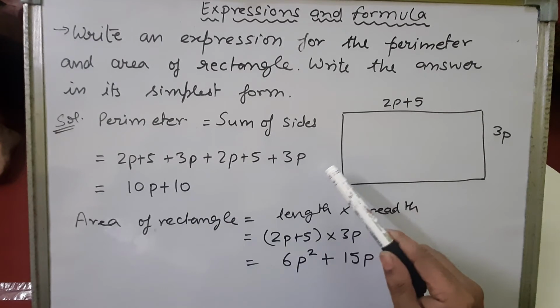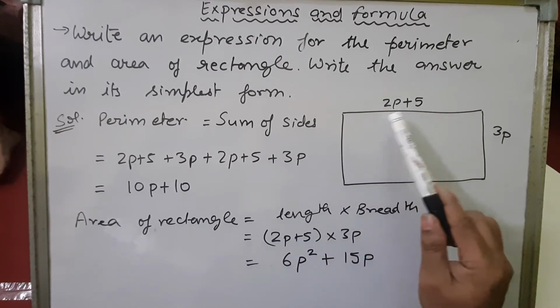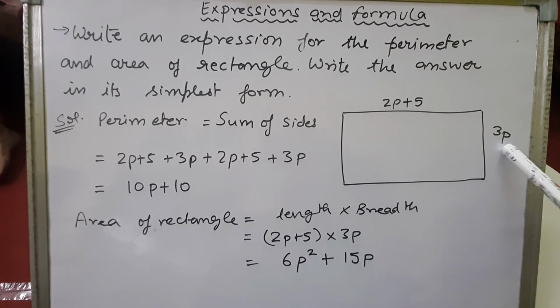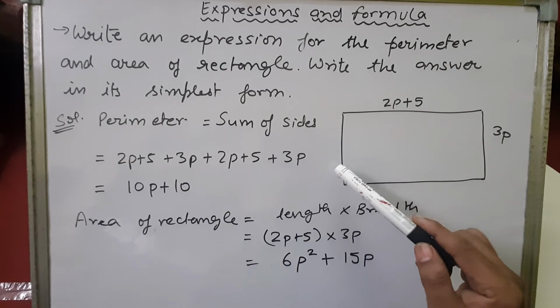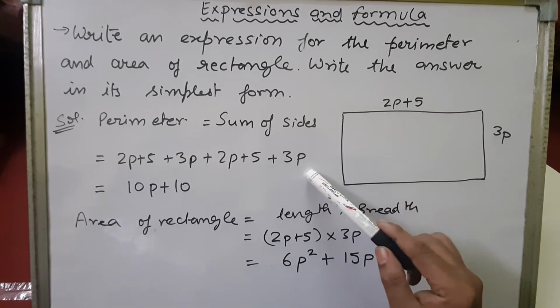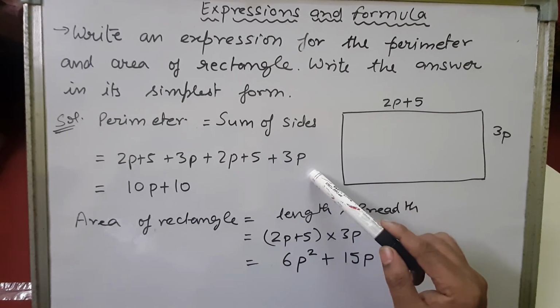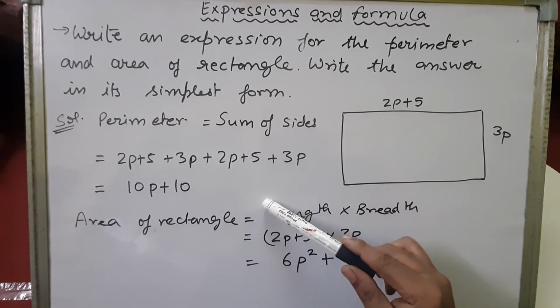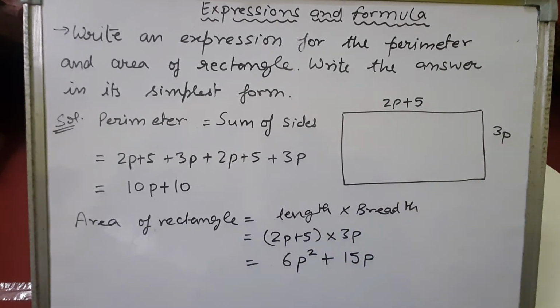If this side is 2p plus 5, then the opposite side will also be 2p plus 5. If this is 3p, then the opposite will also be 3p. So the sum of all four sides is 2p plus 5 plus 3p plus 2p plus 5 plus 3p. When we sum these sides, we'll get 10p plus 10, which is the perimeter of the given rectangle.